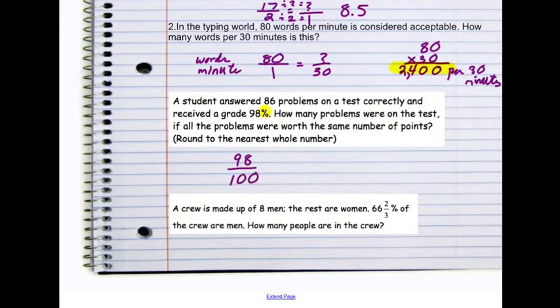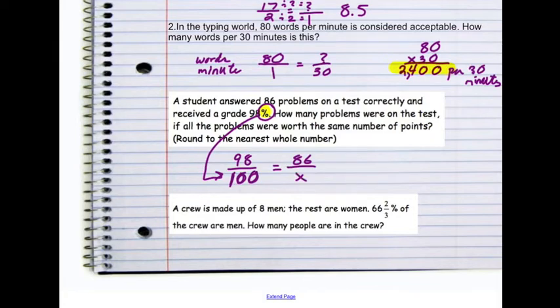A percentage sign actually looks kind of like 100 because it's made up of 1 line and 2 zeros. So whenever you see a percentage sign, you know that your denominator is going to be 100. If she received a grade of 98% and she got 86 problems right, we want to find out how many problems are on the test.